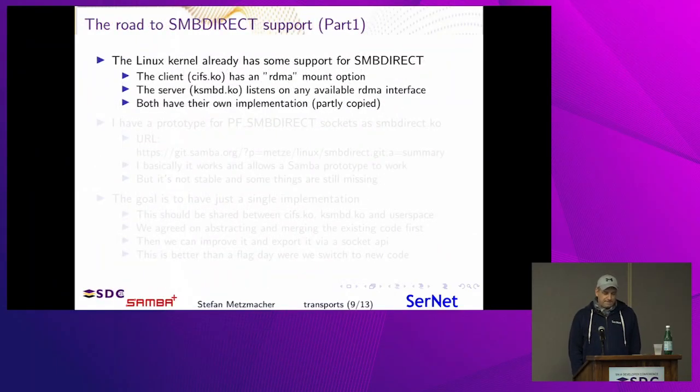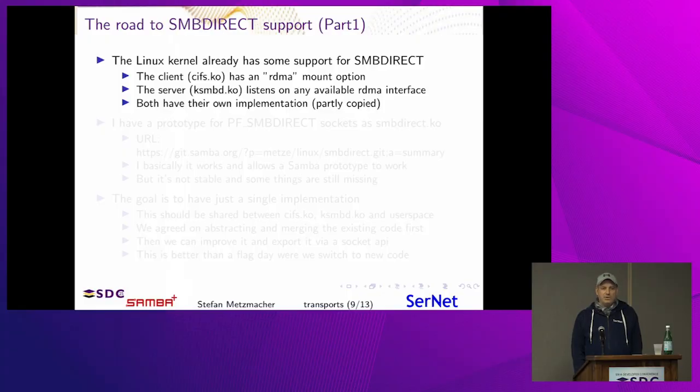Okay, the next project I'm currently working on is SMB-Direct support. In the Linux kernel we already have SMB-Direct support for the client, the rdma mount option, and with the kernel ksmbd server it just uses all available RDMA interfaces.